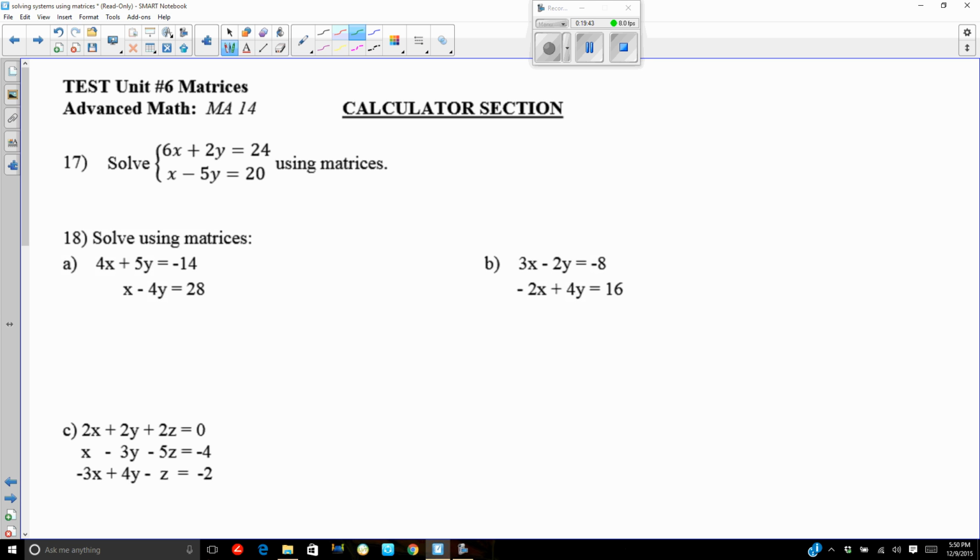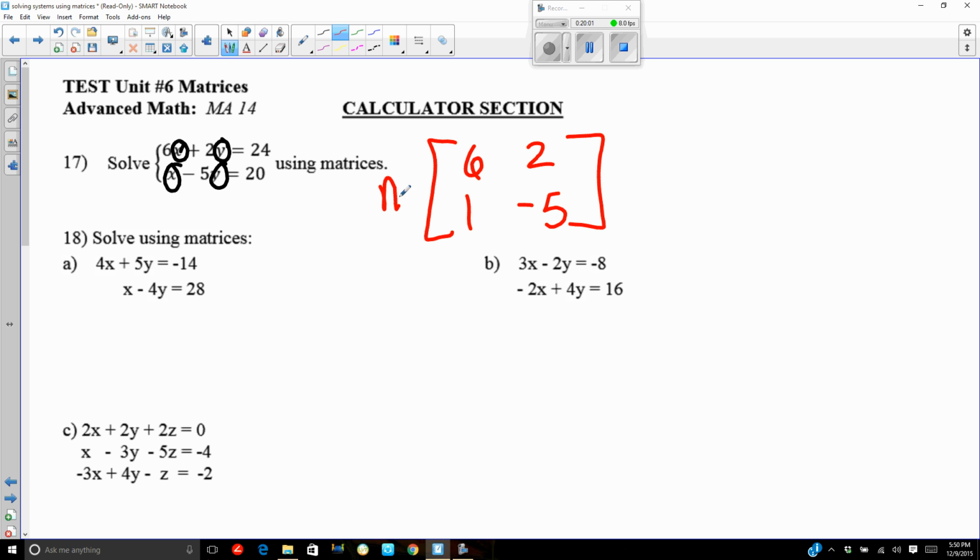But we're going to use technology to help us solve for x and y. Ultimately, you're going to put these matrices in. This should be matrix A, 6, 2, 1, -5, and matrix B would be 24, 20.